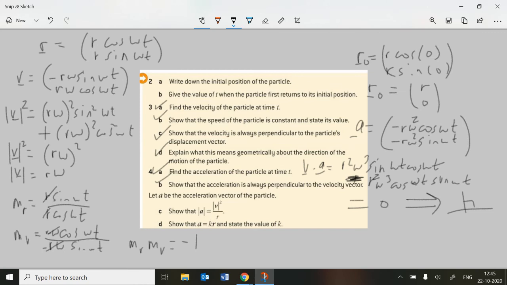Okay, good. So finally, it says show the acceleration is always perpendicular. We've done that. That's kind of interesting, by the way, in that the velocity is always perpendicular to the displacement. So this will be your velocity, but your acceleration is going to be going in. Let's check on that one.